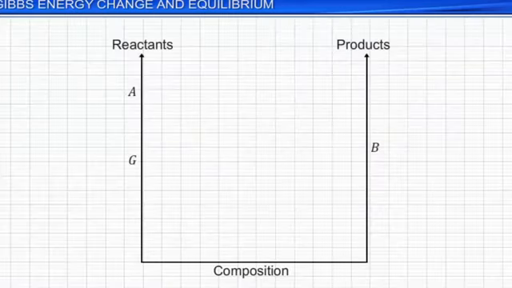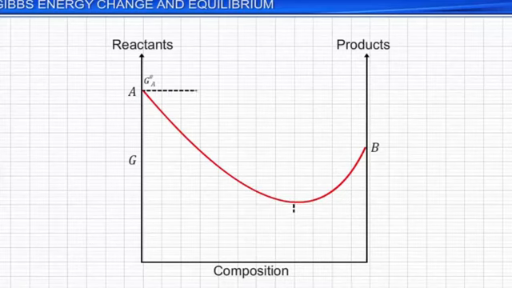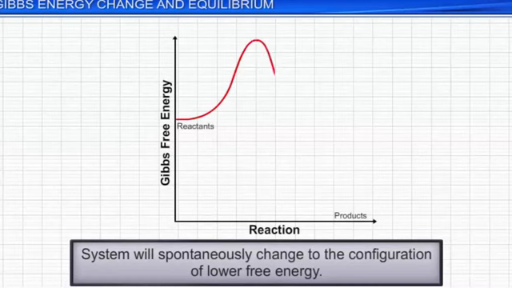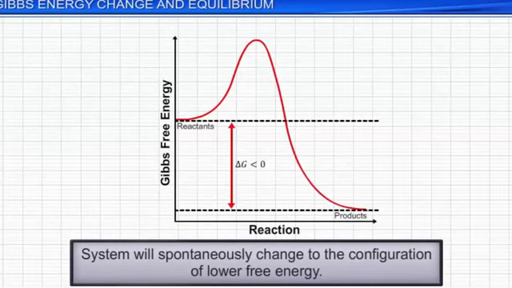Reversible means that the reactions in both the directions should proceed with a decrease in free energy, which seems impossible. This is possible only if, at equilibrium, the free energy of the system is minimum. If it is not minimum, then the system will spontaneously change to the configuration of lower free energy.